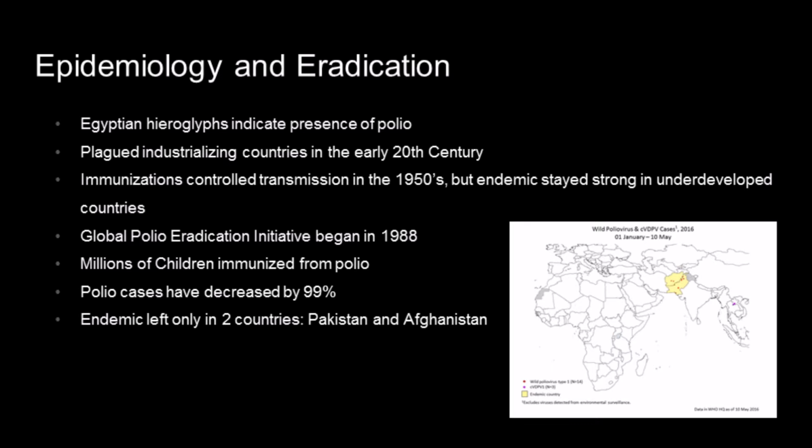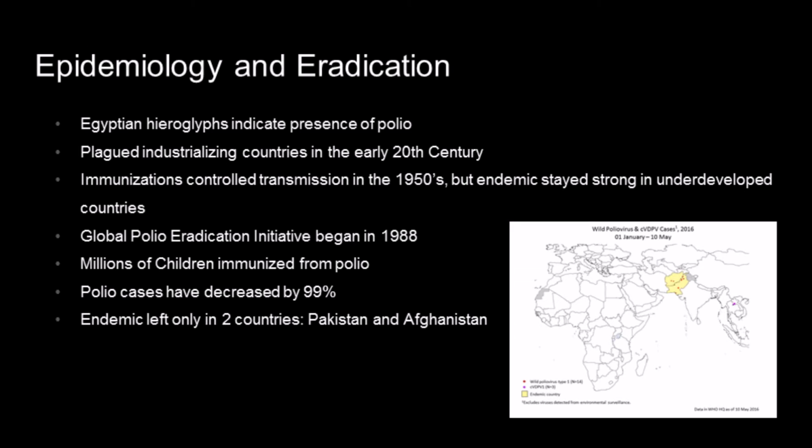Polio is an ancient disease. There have been Egyptian hieroglyphs found that show indications of the presence of polio as early as 1580 BC, and for centuries it has been a public health issue, but especially in the early 20th century, in the industrializing countries, polio was widely feared, and was a major health issue at this time.